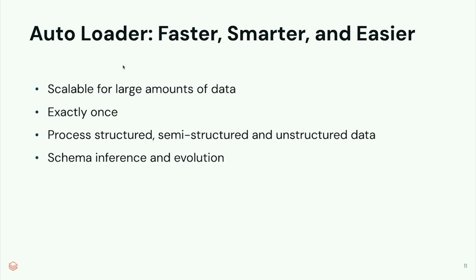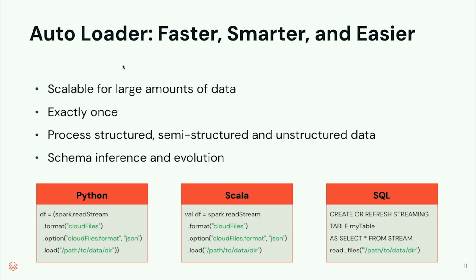It can understand those different formats, parse the schema, and evolve that schema as necessary. You can use either Python, Scala, or SQL to write your Auto Loader queries, and run it on any platform of your choice, whether it is DLT, DB-SQL, or just a vanilla notebook.